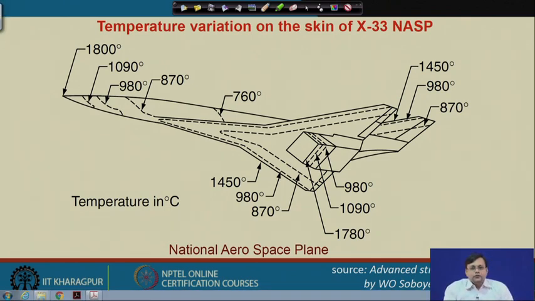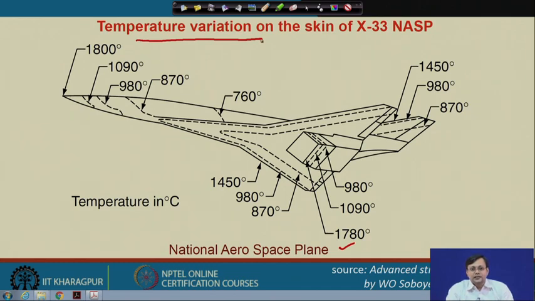When we need to construct an aeroplane which should move at a very high speed, let us say as an example like national aerospace plane or supersonic jet, then one has to consider the temperature variation on the skin of this flight.